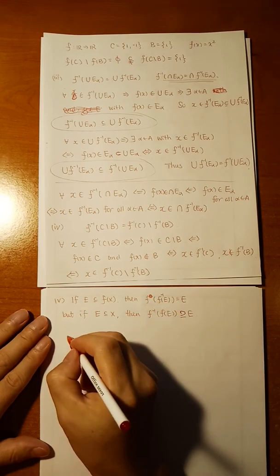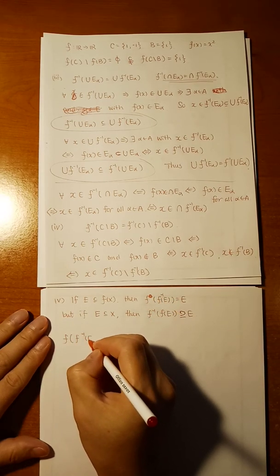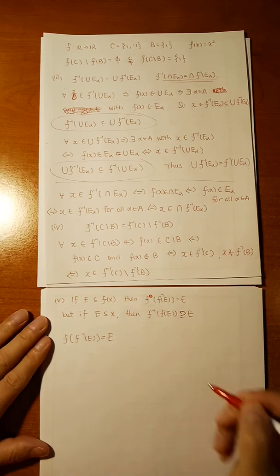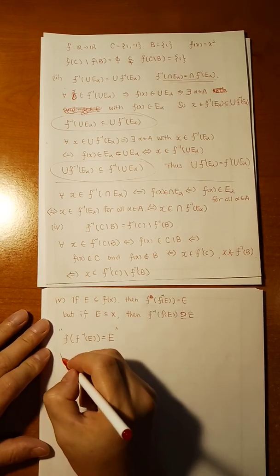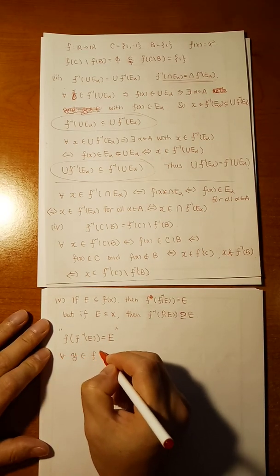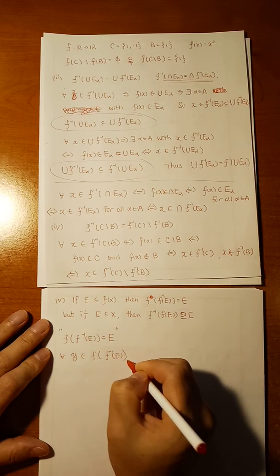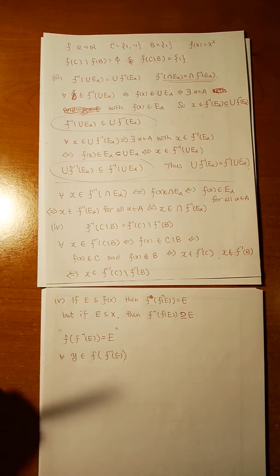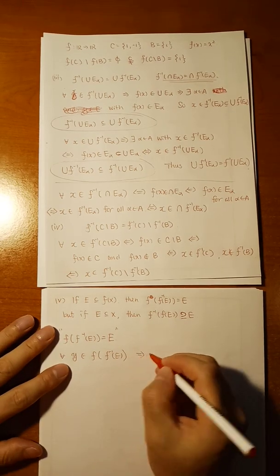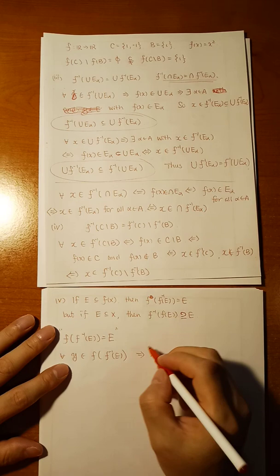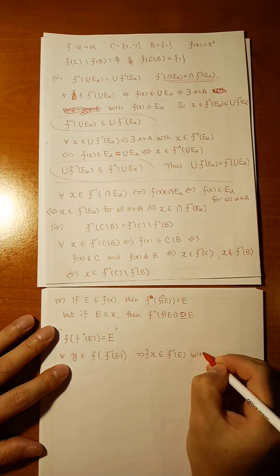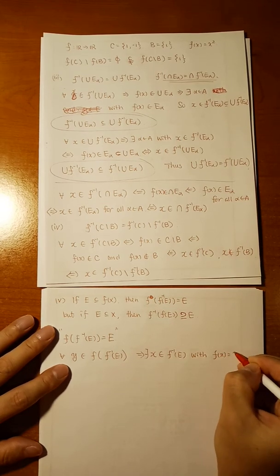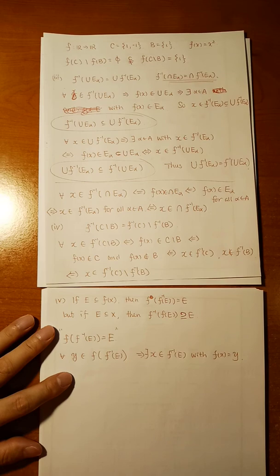For the first one, we want to show this. How do we show it? We prove the two parts are the same. So for all y in f of f inverse of E, it means there exists x in f inverse of E with f(x) equal to y.